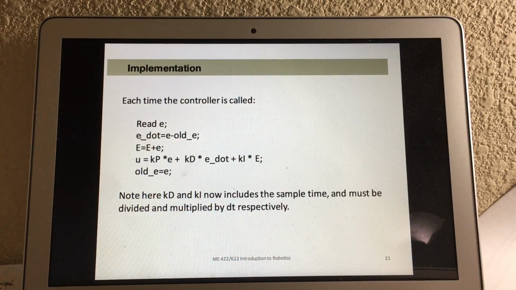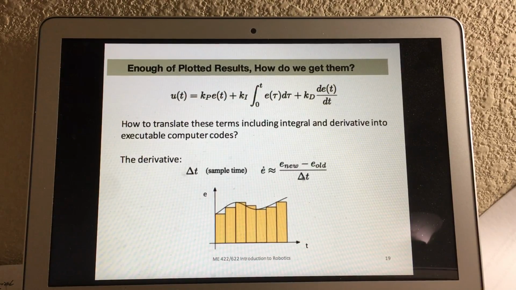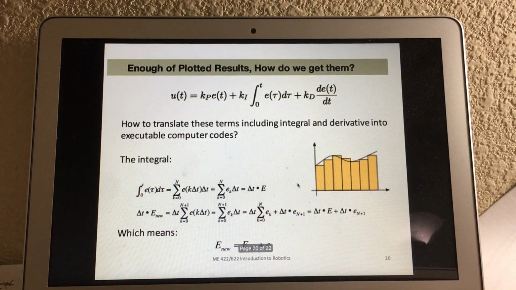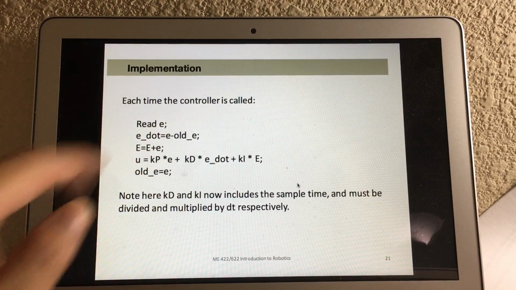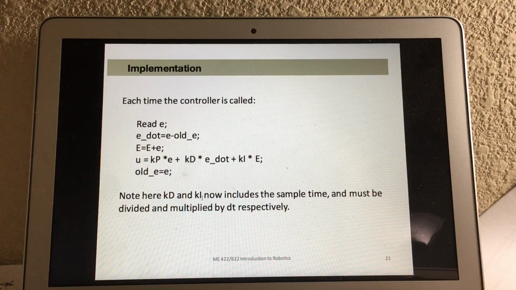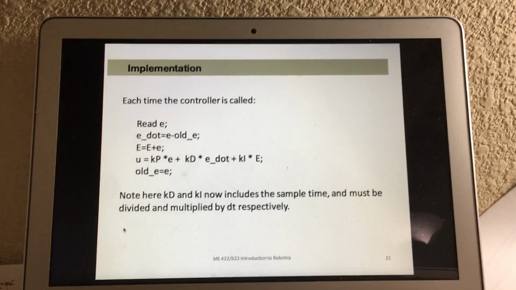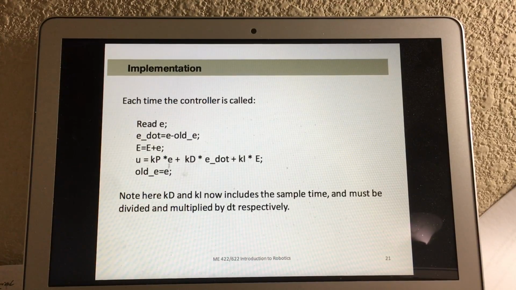E dot should be e new minus e old divided by dt, but you don't see that here. The way they take care of this is that Kd and Ki include the sample time. They must be divided by dt in the case of Kd, or multiplied by dt in the case of Ki, respectively.